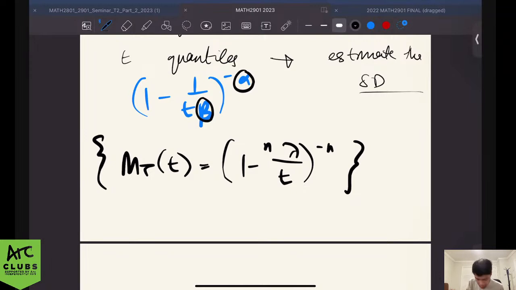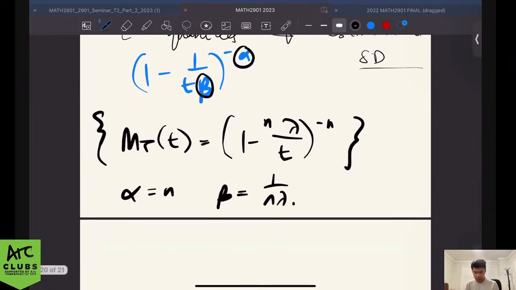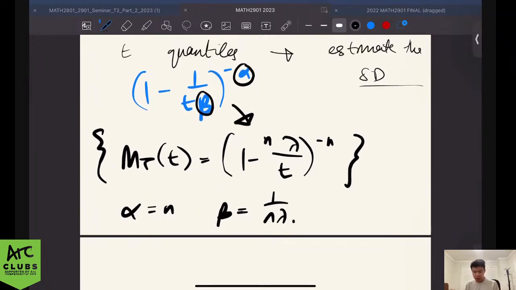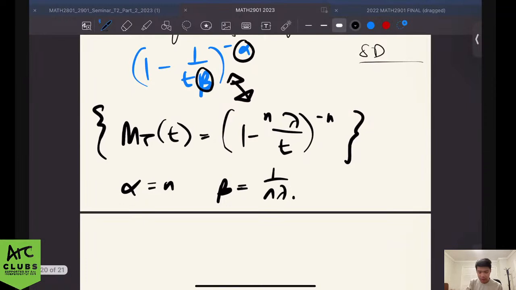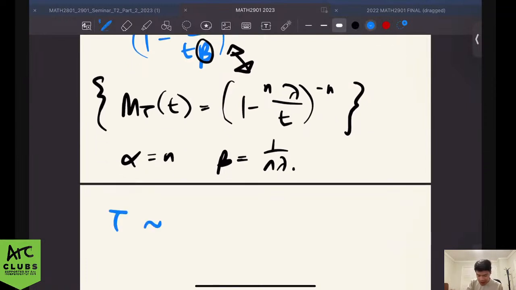Here we've got alpha equals n, and beta will be equal to 1 on n lambda. So you've compared these two, and you've reached the conclusion they're the same, except now we've got that t is gamma, with parameters given by these two, n and 1 on n times lambda. Okay.